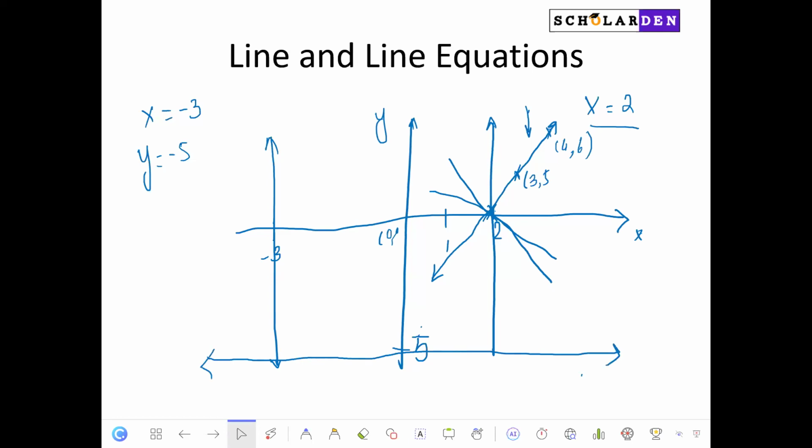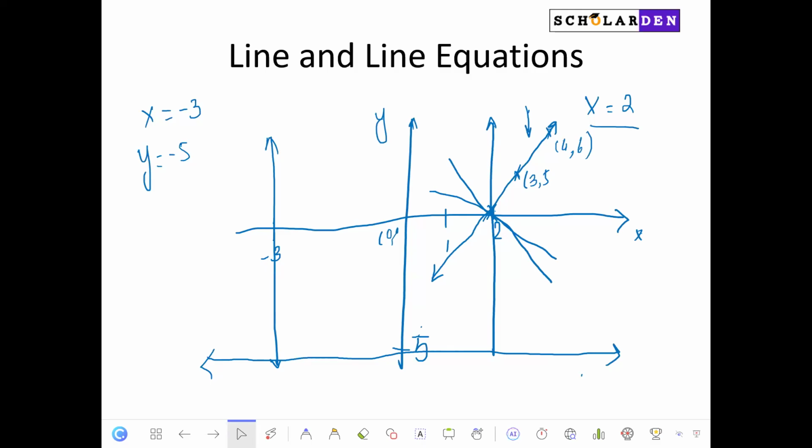It is the collection of all the points which have the y coordinate as -5, with different x coordinates, but the y coordinate is -5. So what we see over here is that this line is drawn parallel to the x-axis.